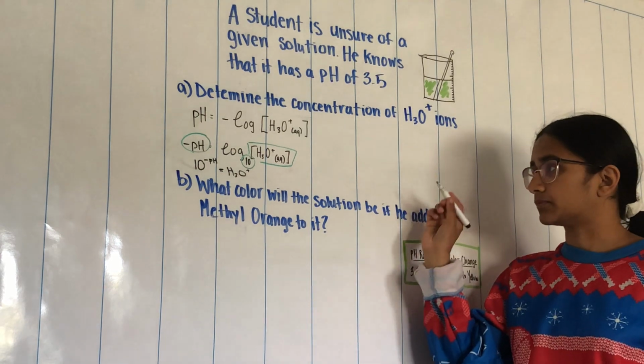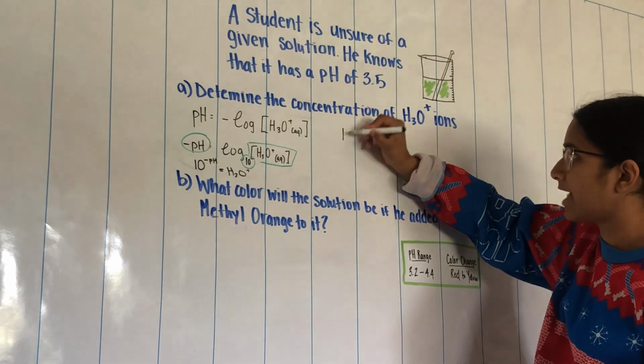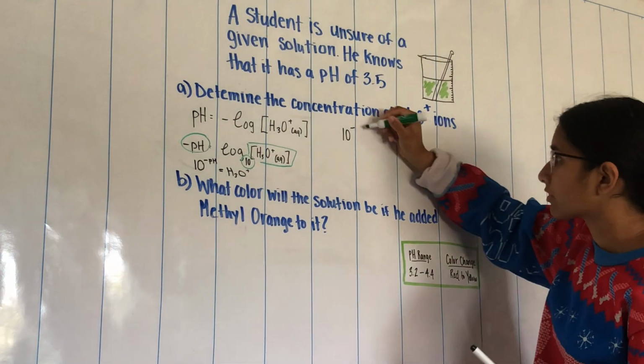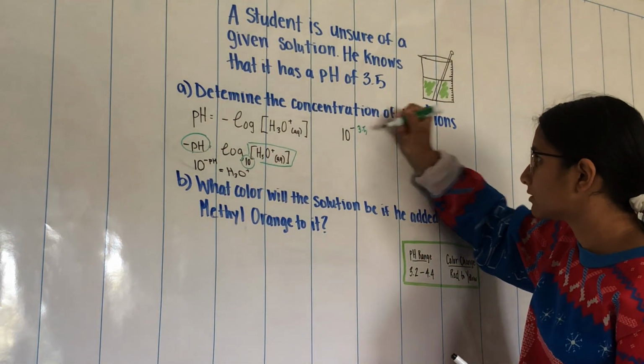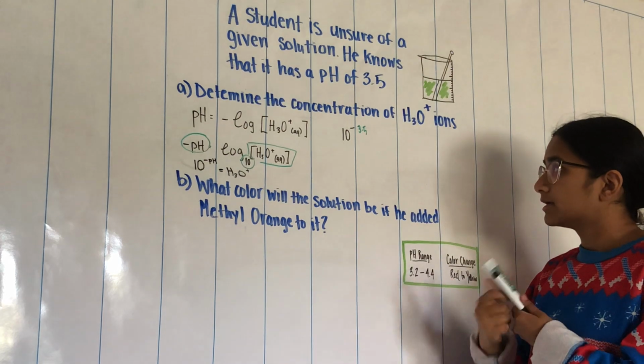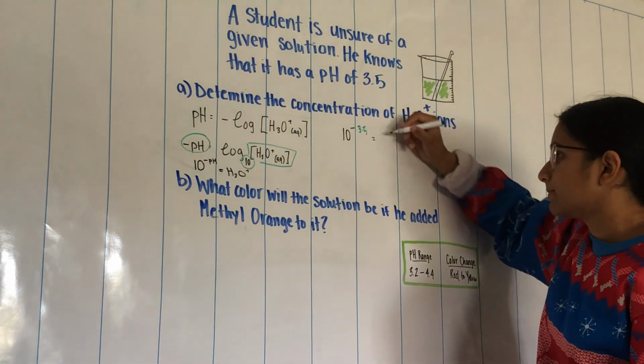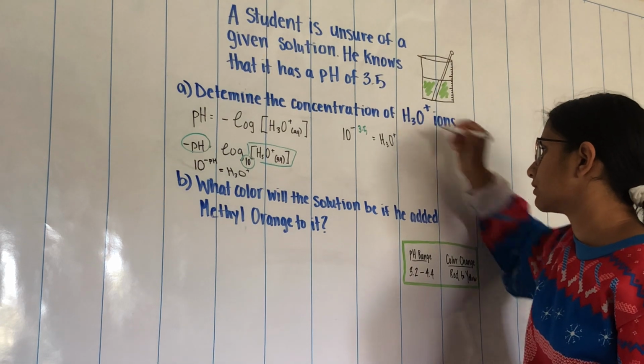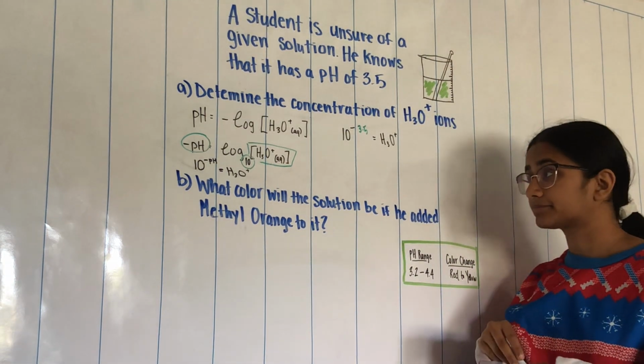All right, so 10 raised to the power of negative 3.5, which is the given pH, is equal to the concentration of hydronium ions.